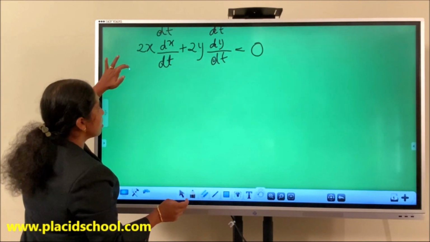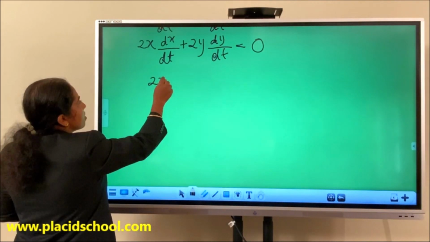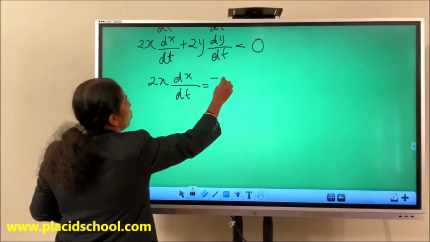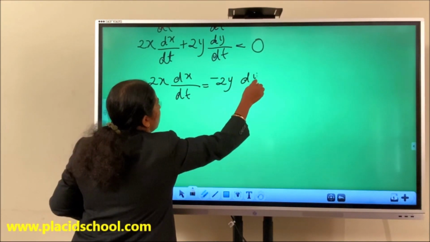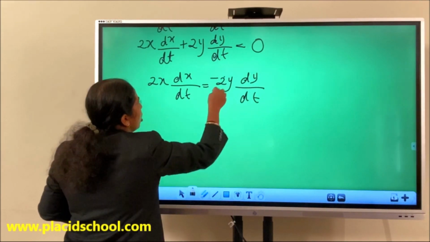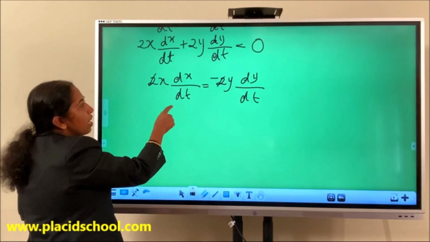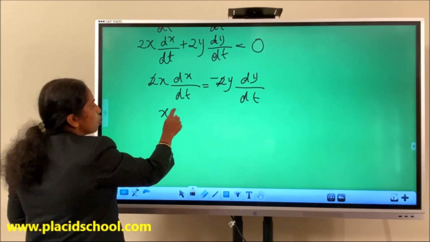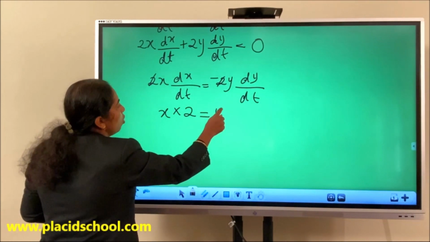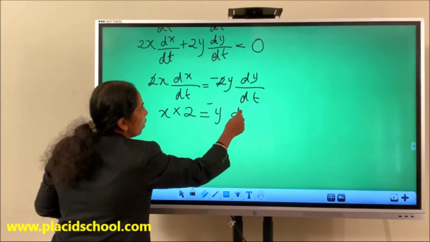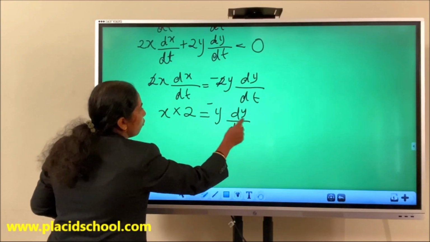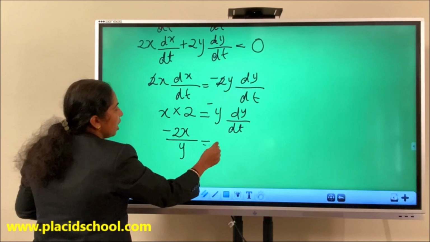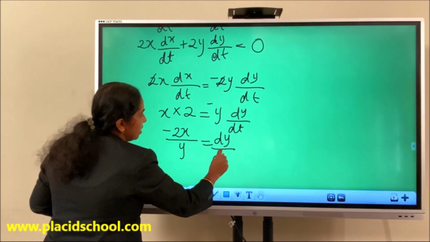Now doing further simplifications. 2x into dx by dt equal to minus 2y into dy by dt. 2 and 2 cancel. Now we are given that dx by dt is 2 centimeter per second. So x into 2 equal to minus y into dy by dt. So from here I have minus 2x by y equal to dy by dt.